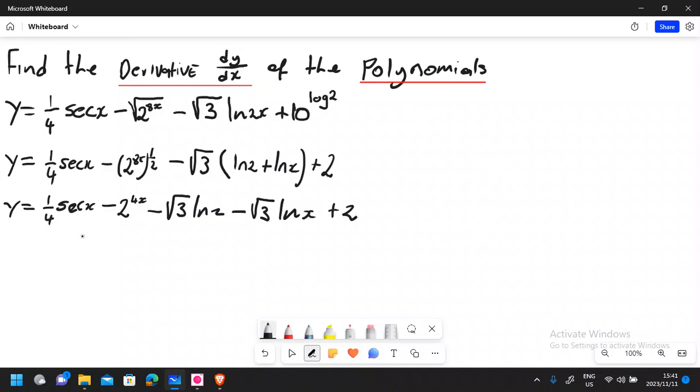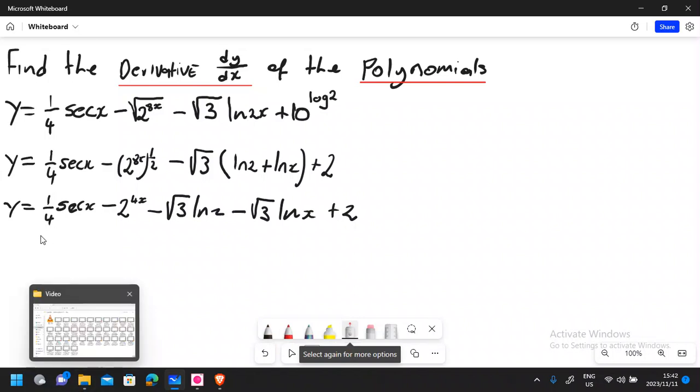Now as you can see, we're no longer having 4 terms. We actually now have 5 terms because of this natural log there, guys.